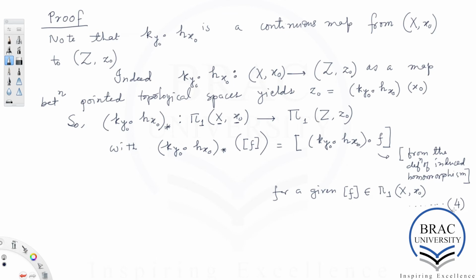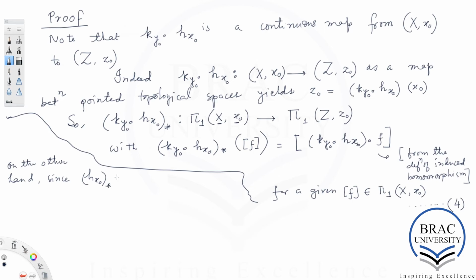On the other hand, H sub x0 star is a map from pi 1 of X comma x0 to pi 1 of Y comma y0, and K sub y0 star is the other induced homomorphism between fundamental groups, from pi 1 of Y comma y0 to pi 1 of Z comma z0.